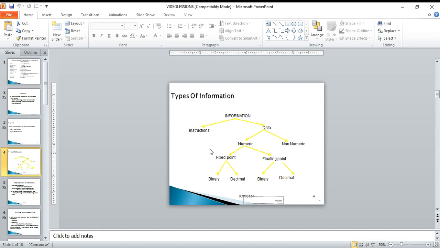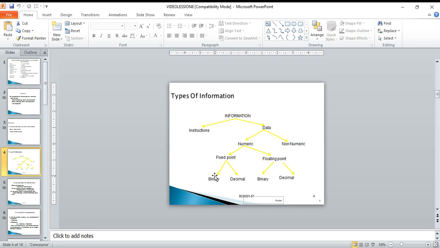Here, in the last class we discussed the fixed point representation, that is, how you can represent the binary data in fixed point representation and how you can represent the decimal data in fixed point representation.